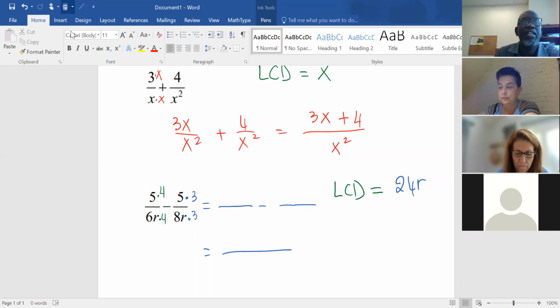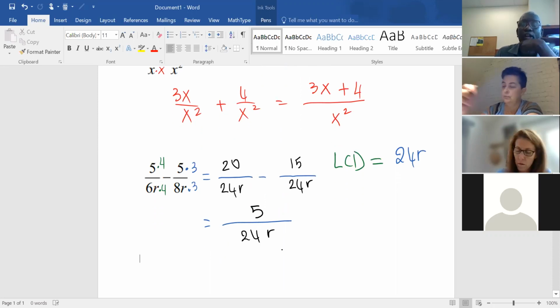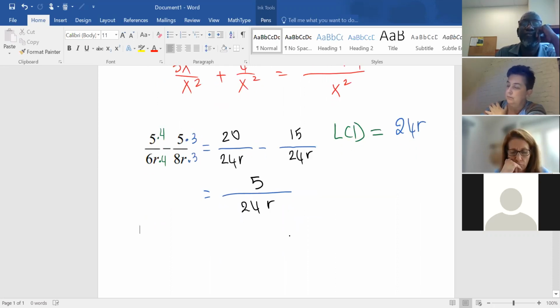So what do we get? 20 over 24R minus 15 over 24R, which combine to 5 over 24R. And that is the final answer right there.